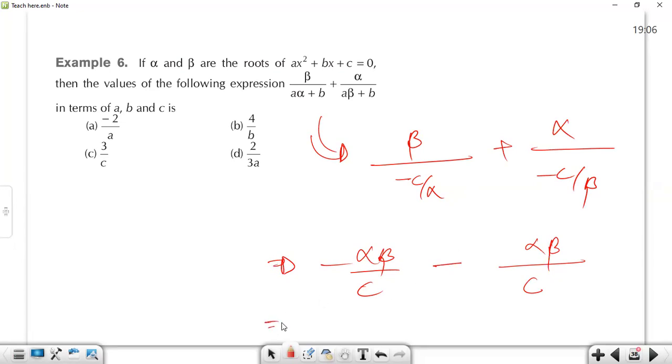So it will become 2 into alpha beta by C. Alpha beta is what? C by A. C was already there, so it will become minus 2 by A. That should be our correct answer.